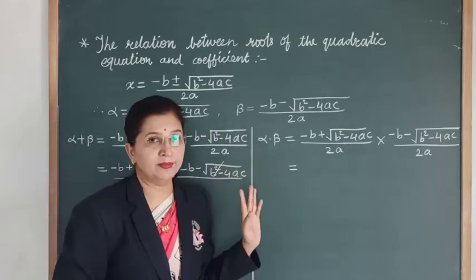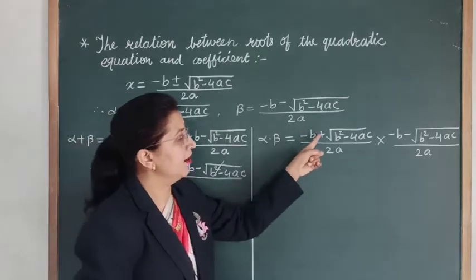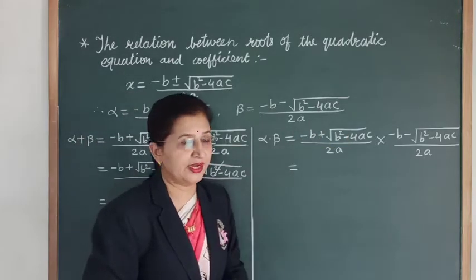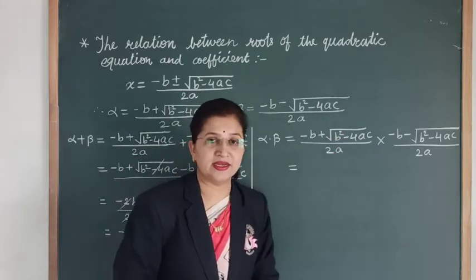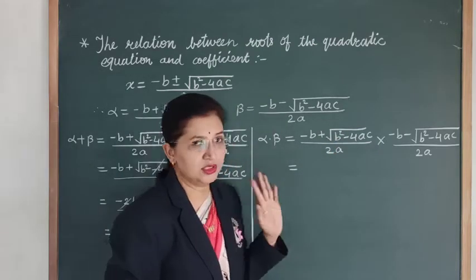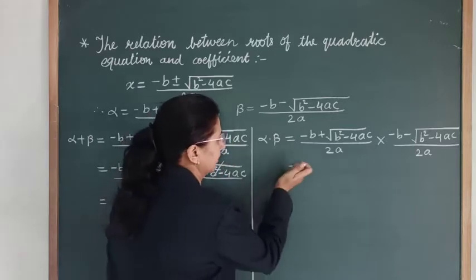Now let's take the product of these two roots, that is alpha into beta. Alpha is negative b plus under root b square minus 4ac upon 2a, multiplied by beta, that is negative b minus under root b square minus 4ac upon 2a.